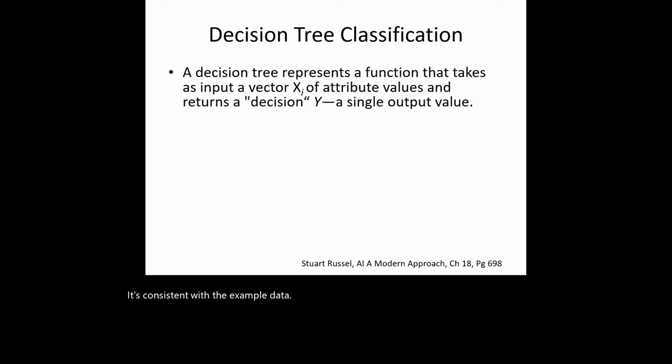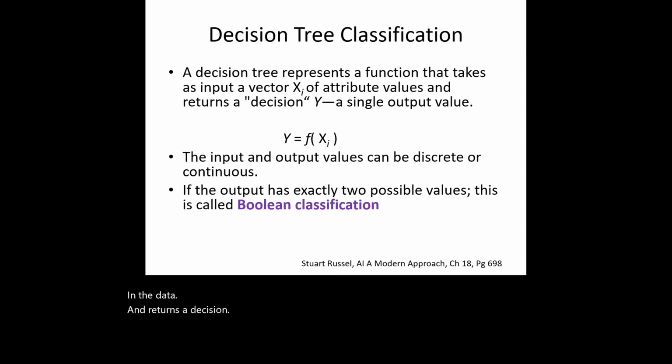So in short, decision tree is going to represent a function that takes as input a vector X composed of the values of the attributes in the data and returns a decision Y. If Y can take only 2 values, we will say it's a binary classification or Boolean classification problem.